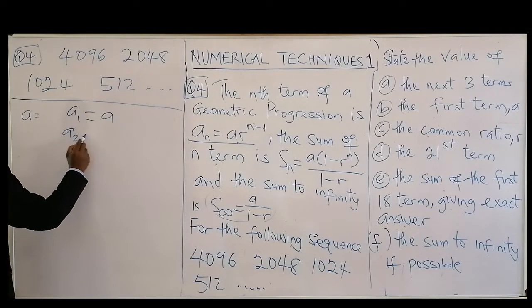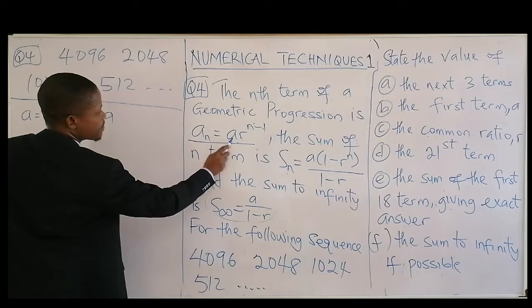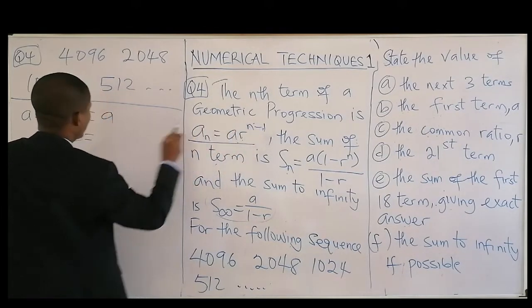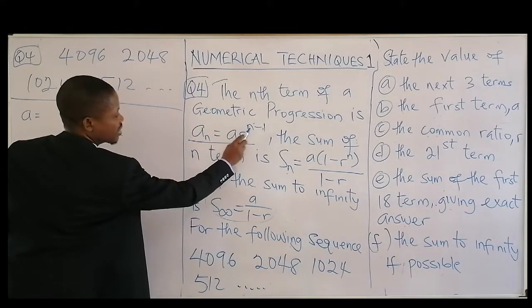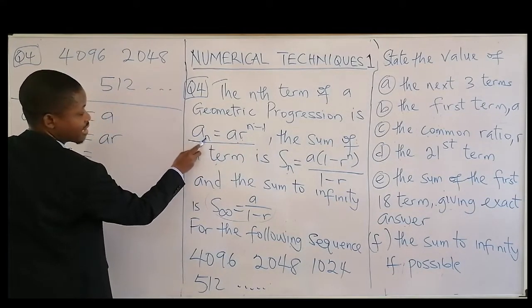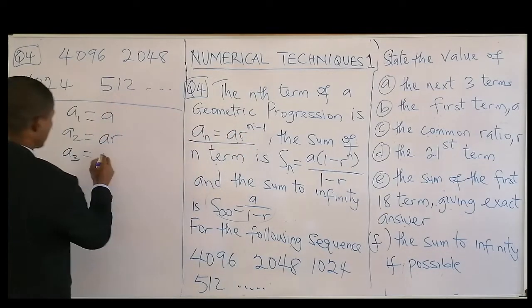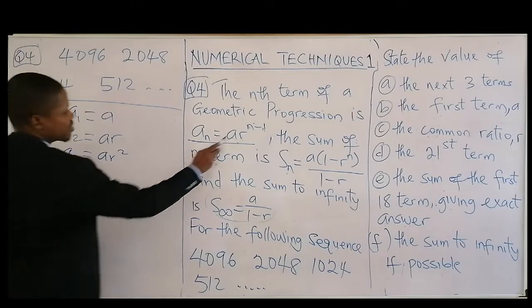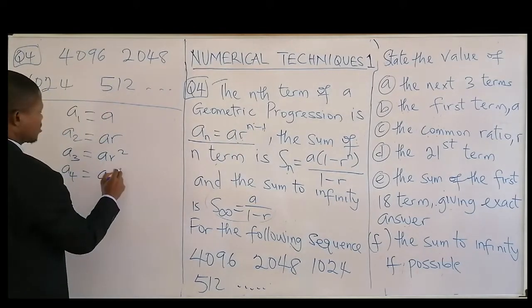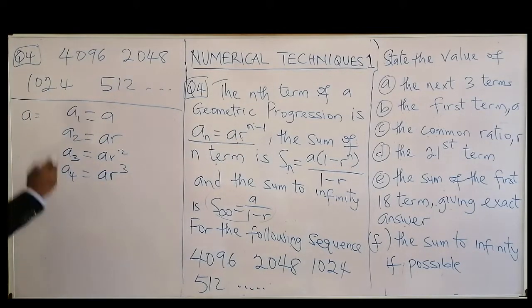The second term, n is 2, 2 minus 1 is 1, that will be ar. The third term, n is 3, 3 minus 1, that's ar squared. The fourth term, 4 minus 1, ar cubed, and so on and so forth.